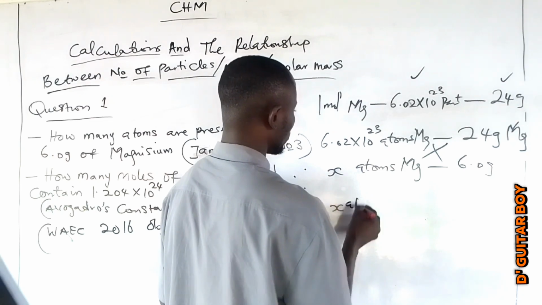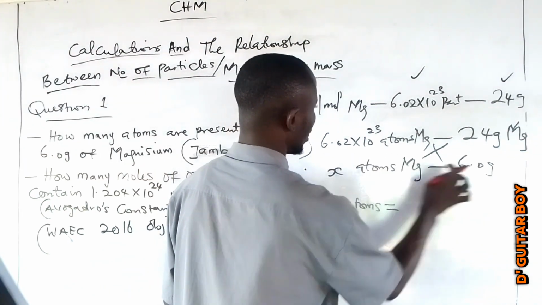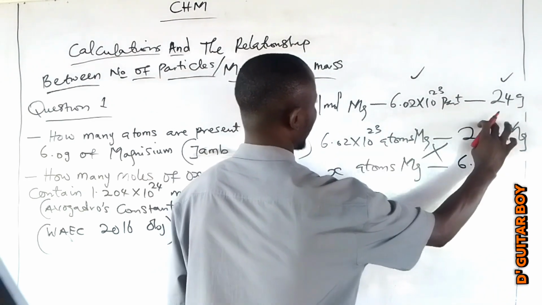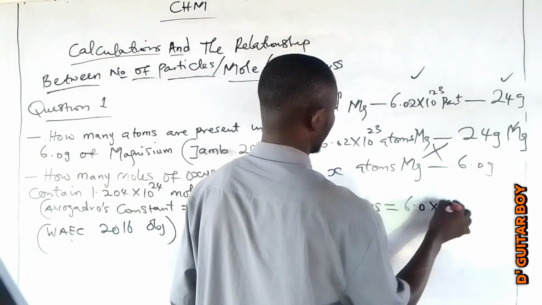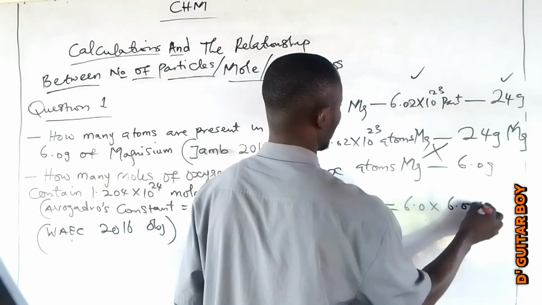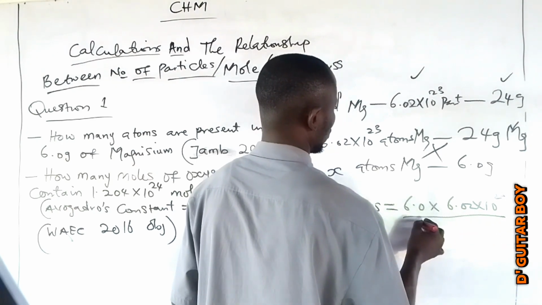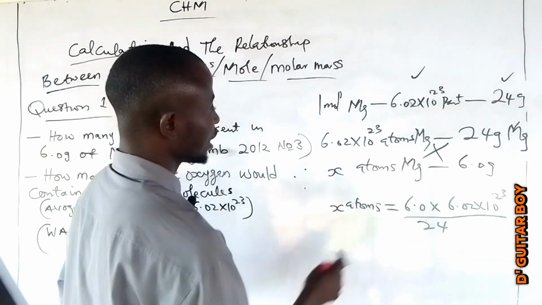S atoms of magnesium will give me 6.0 grams. You bring out this first. Whatever you have here, because this is the unknown, use it to multiply this, divide by this. We now say 6.0 times 6.02 times 10 raised to power 23 all over 24.